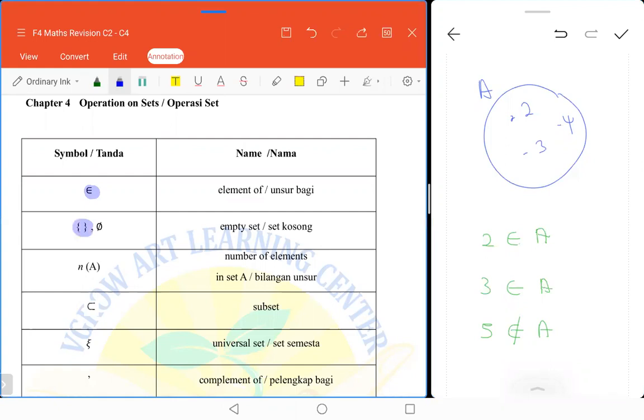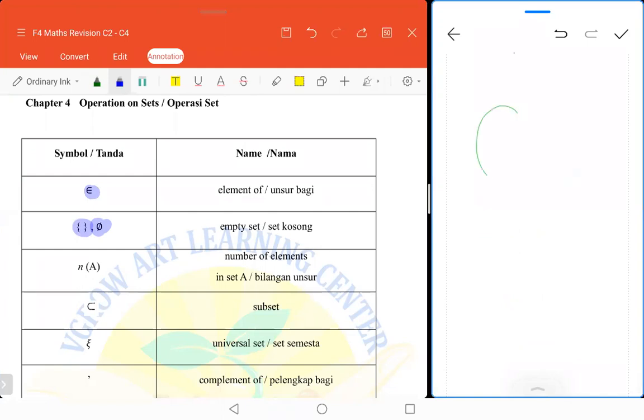Okay, if we have the set notation with nothing inside, it is the empty set, written as a 0 with a cross, meaning no elements at all. This one is set P, nothing inside. So you can write set P is the empty set.